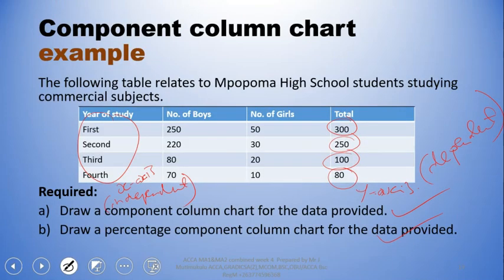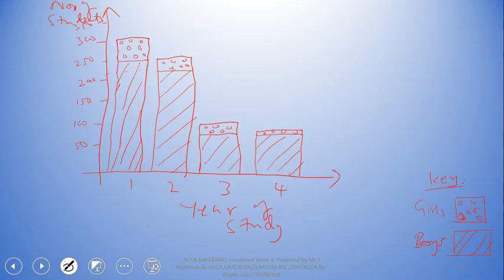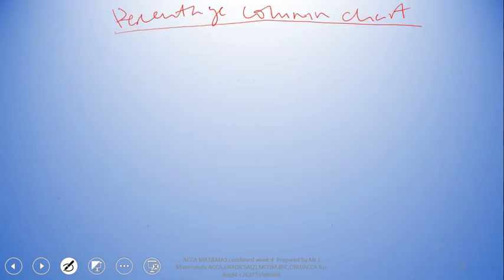For the percentage component column chart, we just have the same axis.